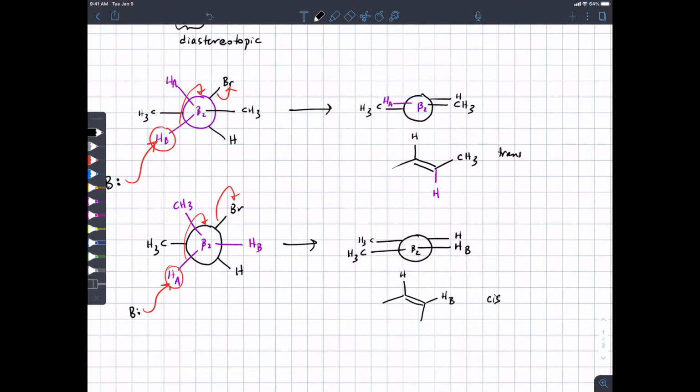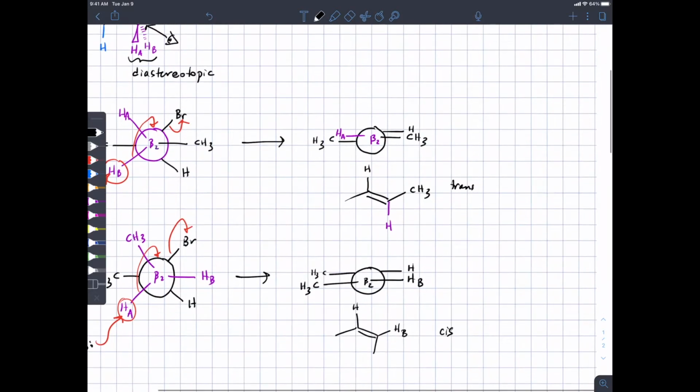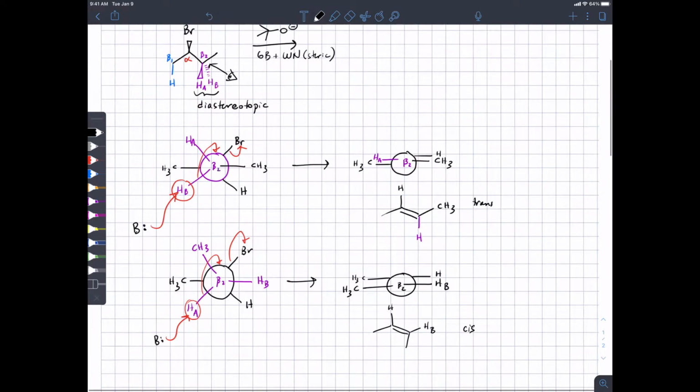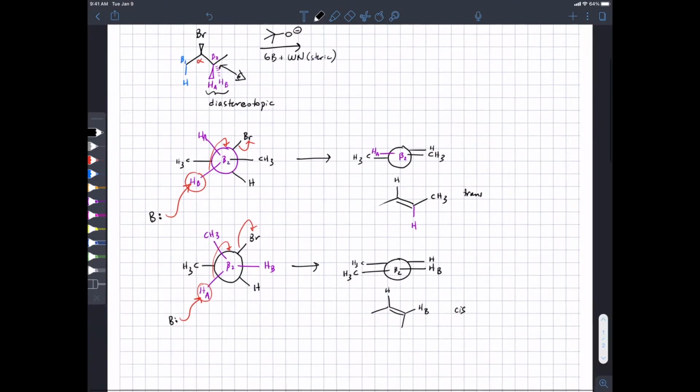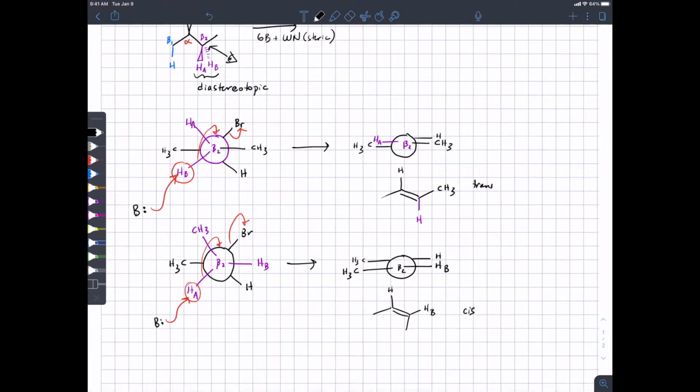So sometimes it matters which beta proton we eliminate from, because they lead to different stereochemical outcomes. Another reason that those two protons, HA and HB, are called diastereotopic is that the two products from this elimination are diastereomers. One cis, the other trans.